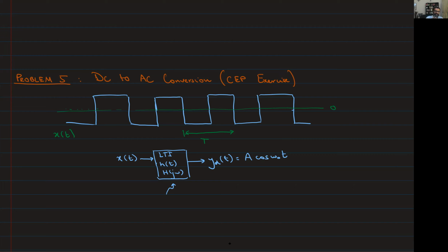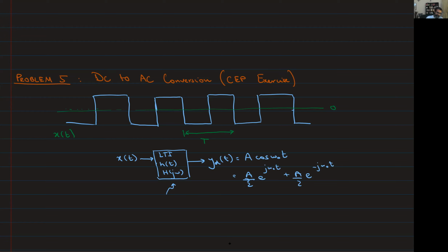I follow exactly the same ideas that I talked about in the previous problem. I know that the desired output is A by 2 e raised to power j omega naught t plus A by 2 e raised to power minus j omega naught t.